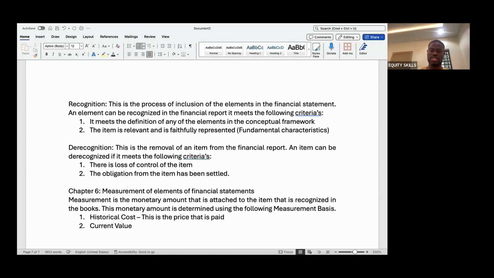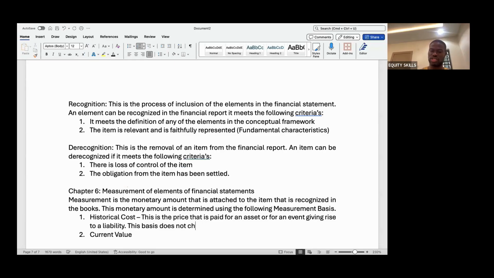So historical cost, this is the price that is paid for an asset or for an event giving rise to a liability. This basis does not change.